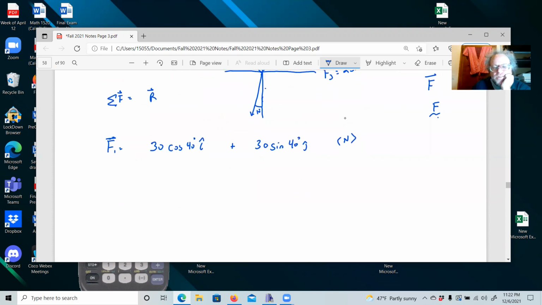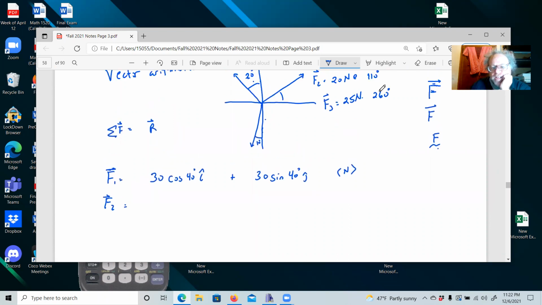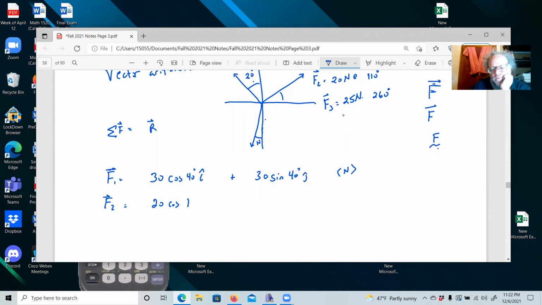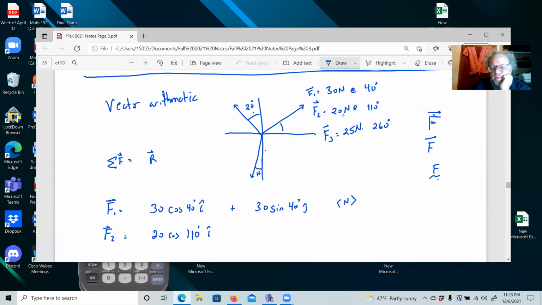Okay, vector 2, the F2. This is equal to 20 newtons times the cosine of 110 degrees. Now this only works if you put the vectors in standard position. Otherwise, I'd have to come up with this triangle, and the x part of this is going to be the sine of 20 degrees.